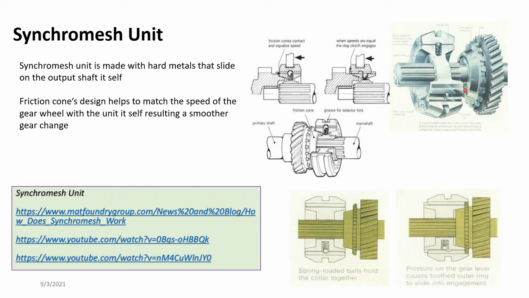When we try to move the synchromesh unit towards the gear wheel, this synchromesh unit and this cone, these two cones, by rubbing against these surfaces, automatically synchronize the speed and come up to a relatively same speed, and these teeth will go into these grooves over here, then the gear is actually engaged.